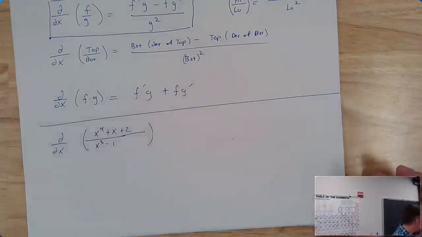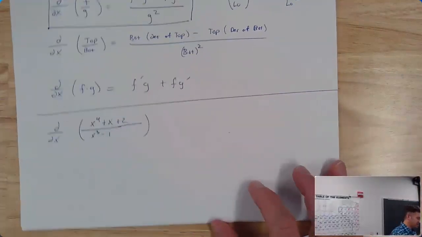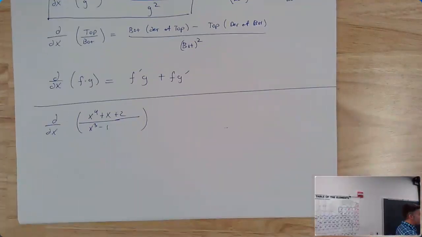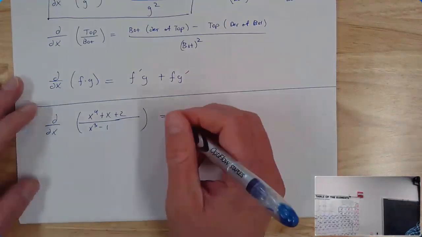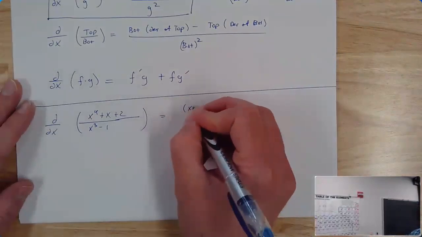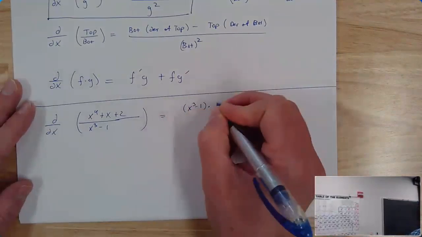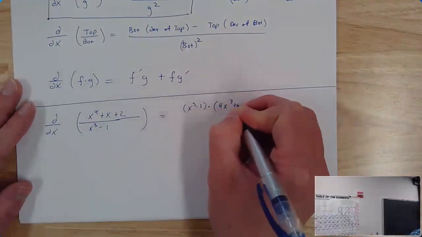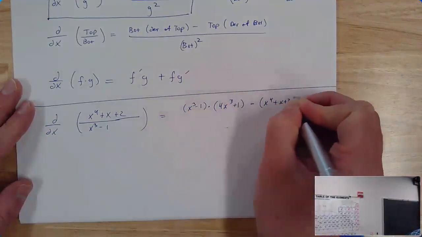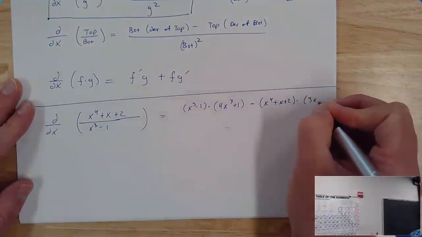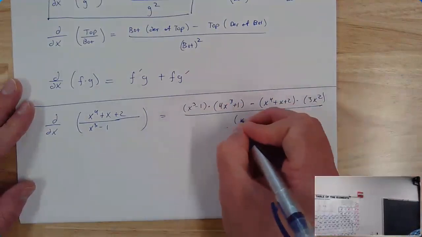So I'm just going to use the rule the way I say it in my head, which is the bottom times the derivative of the top, minus the top times the derivative of the bottom, all divided by the bottom squared.